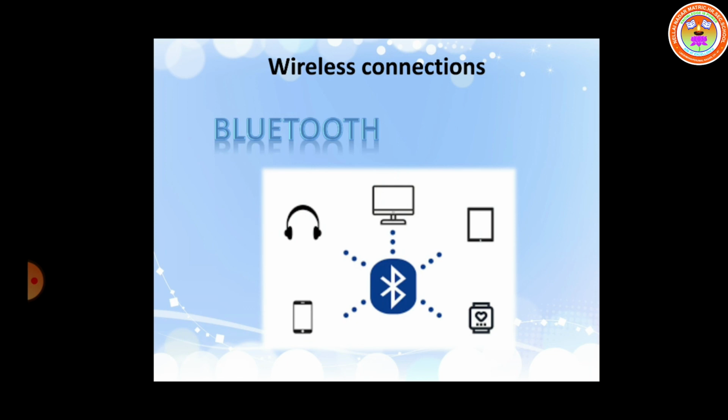Using Bluetooth, data can be shared with nearby devices. It is not connected by cables, it is a wireless connection. We can connect Bluetooth to different devices like computer, mobile phones, microphones, tablet, anything, through a limited distance.